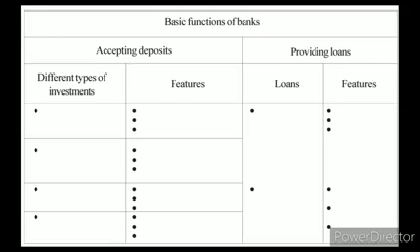Here is a table which must be filled by you with the hints already given about the basic functions of the banks like accepting deposits and providing loans. Don't forget to write the table or copy it in your notebook.